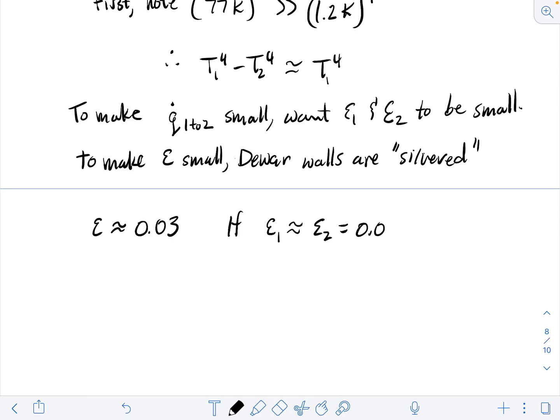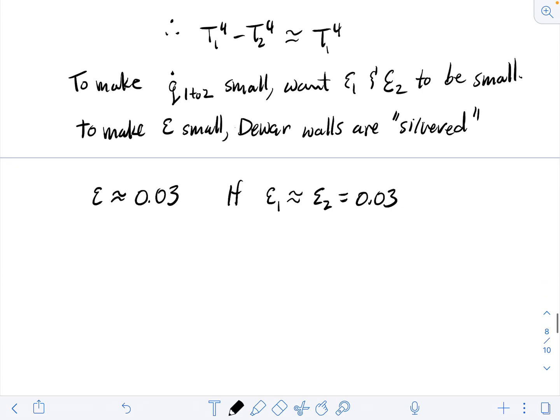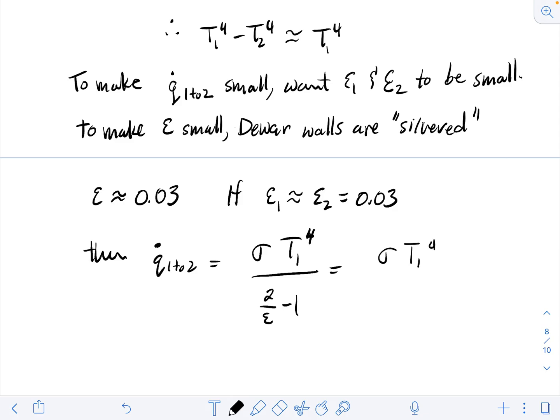So if epsilon 1 is approximately epsilon 2 is equal to 0.03, then our heat flux is going to be sigma, and we said we could neglect the T2 to the fourth, so we just have T1 to the fourth divided by 2 over epsilon minus 1, because 1 over epsilon 1 plus 1 over epsilon 2 is 2 over epsilon.